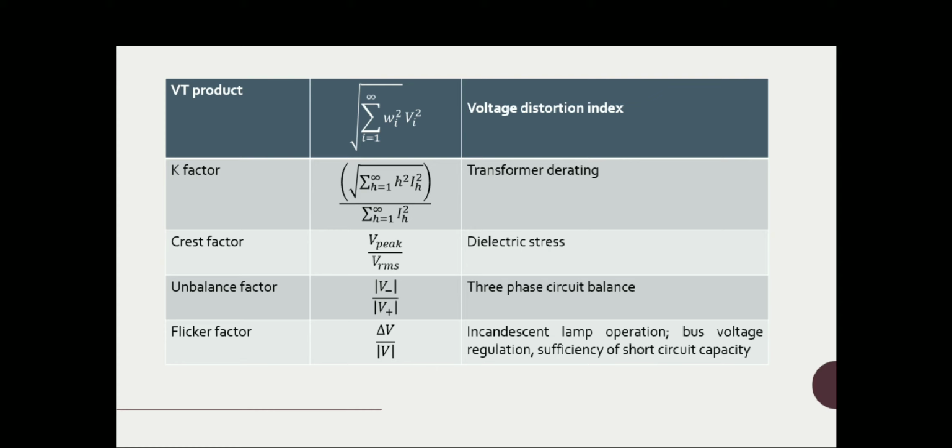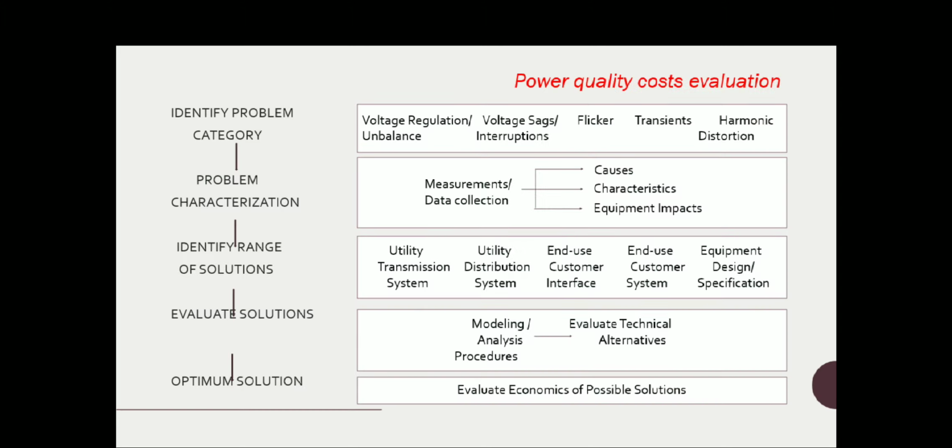Then one thing we didn't mention is the crest factor, that is the ratio between peak value of the voltage to the RMS value of the voltage. That is actually used in order to find out dielectric stress. Then unbalanced factor. The last one we discussed is flicker factor.